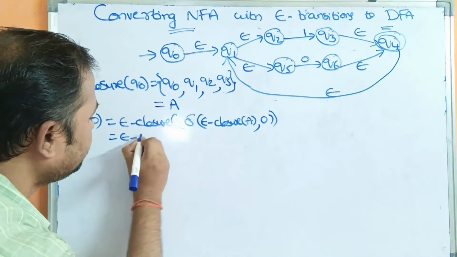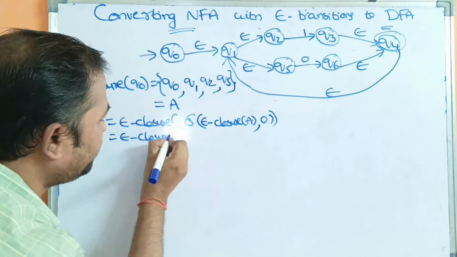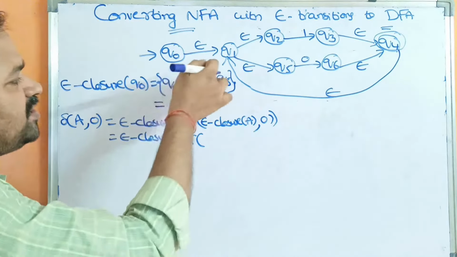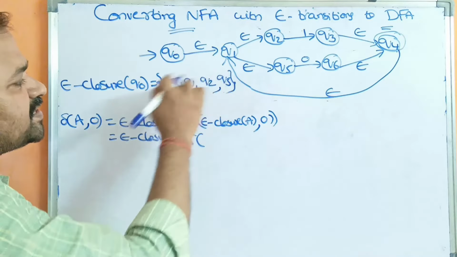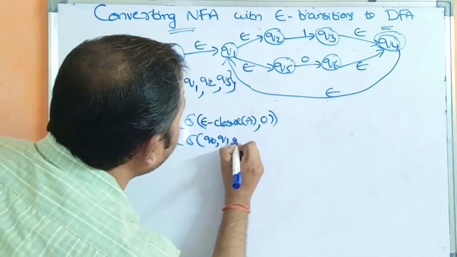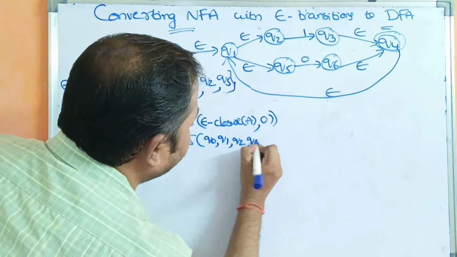The epsilon closure of A is already calculated: Q0, Q1, Q2, Q5.